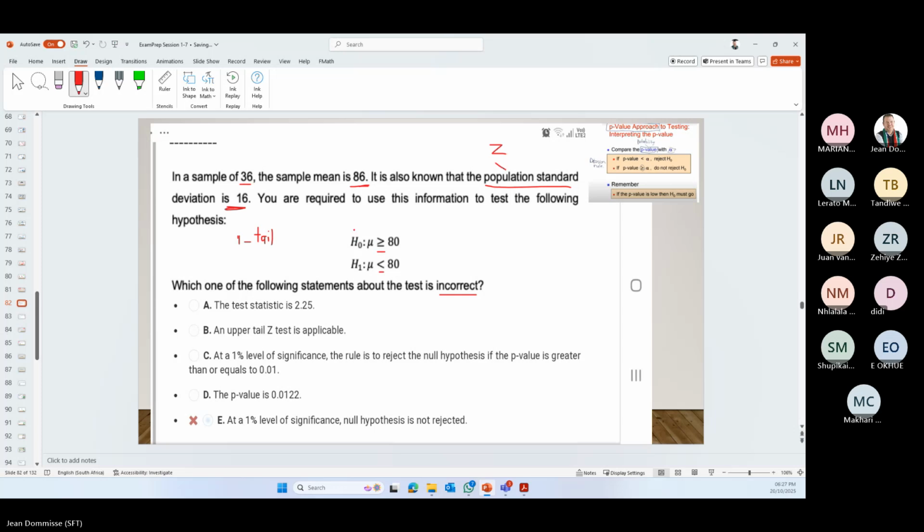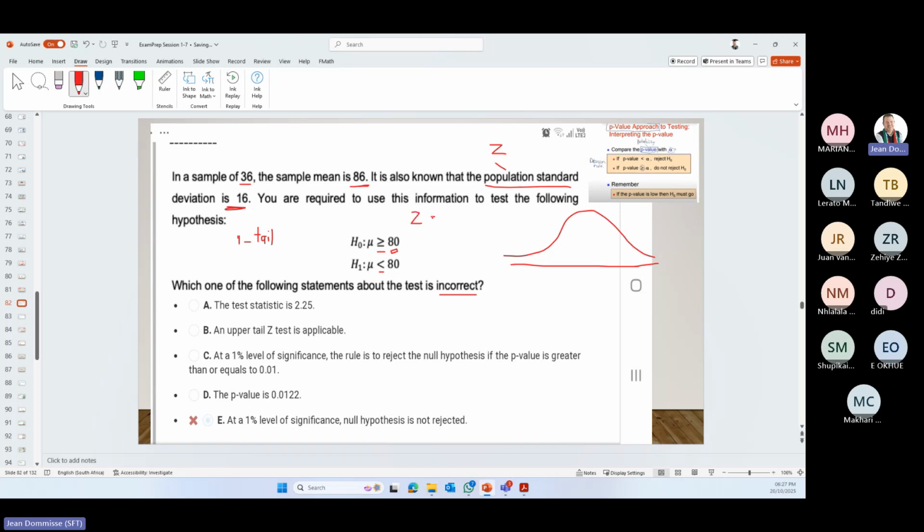Null hypothesis, mean is bigger or equal to 80, alternative not equal. So let's first work out what the Z is going to be.